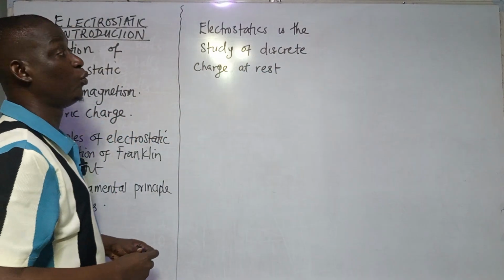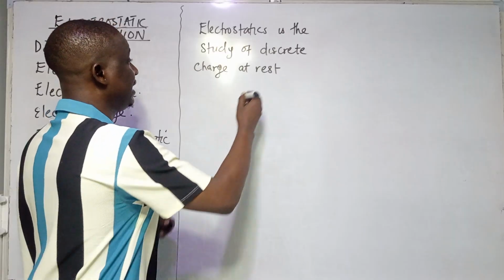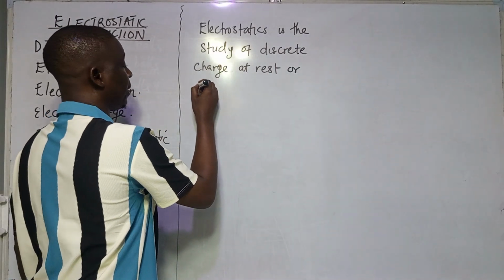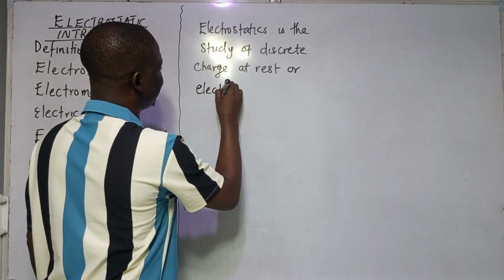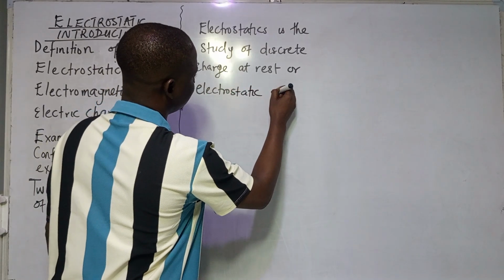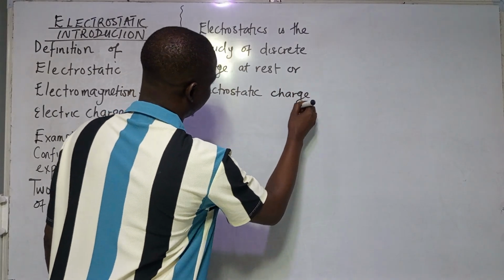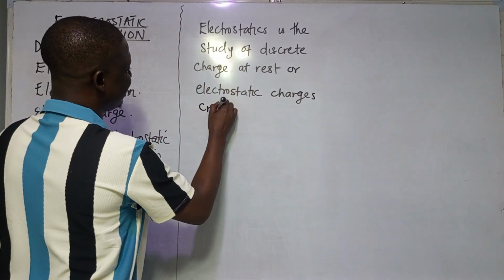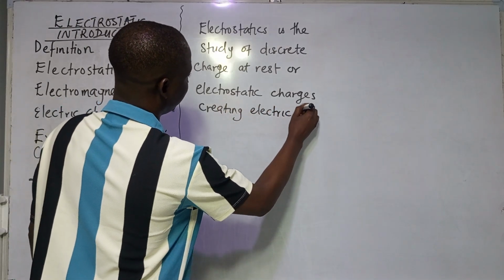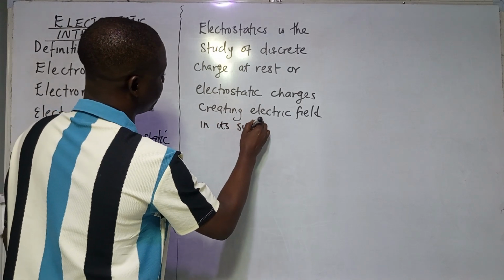So when you are talking about the study of discrete charge at rest, electrostatics can be talking about electrostatic charges, static charges creating an electric field in its surrounding space.